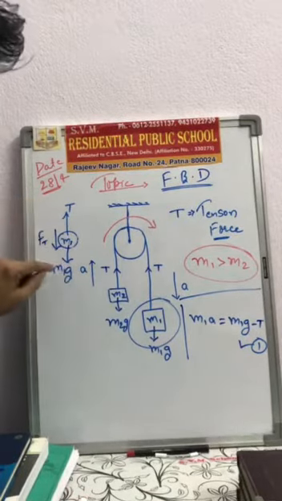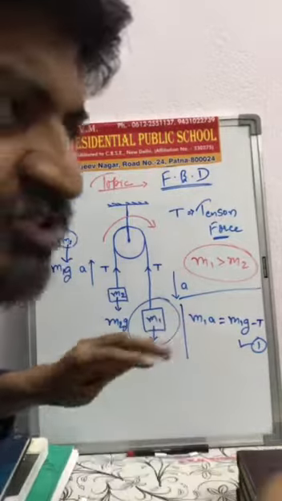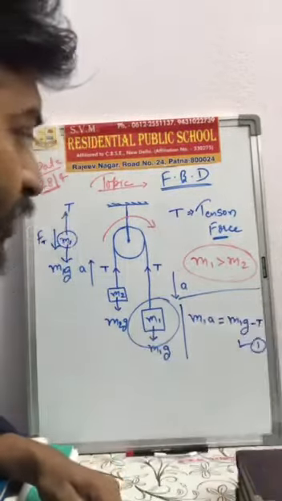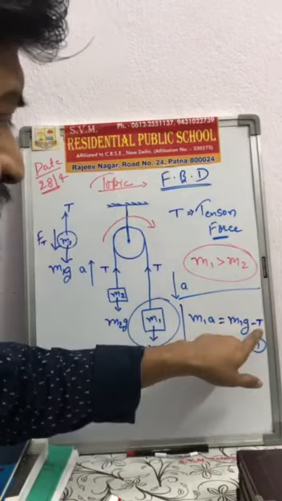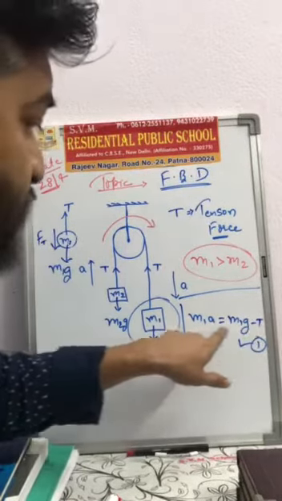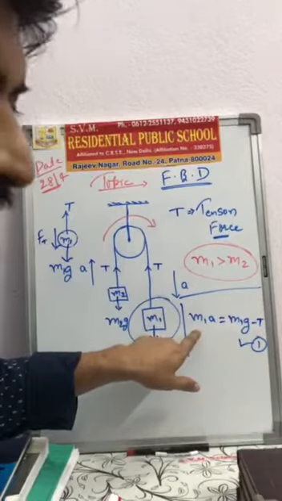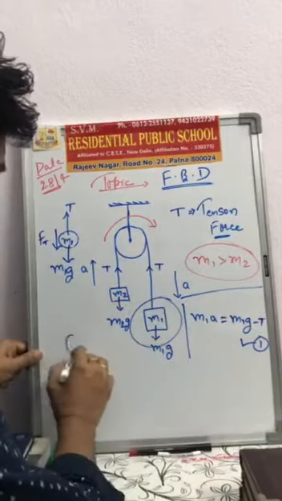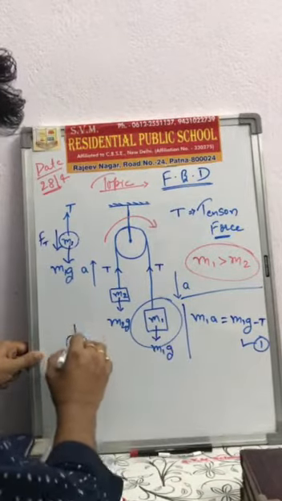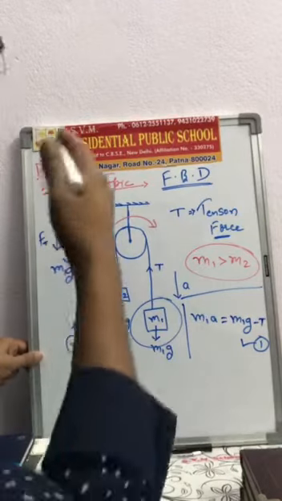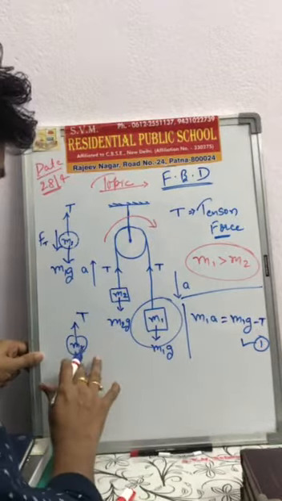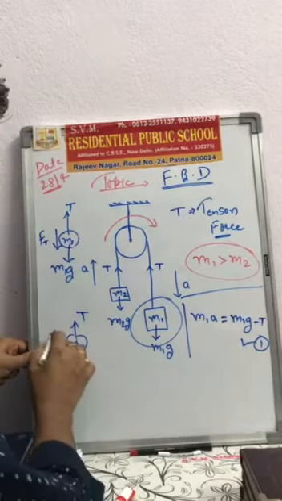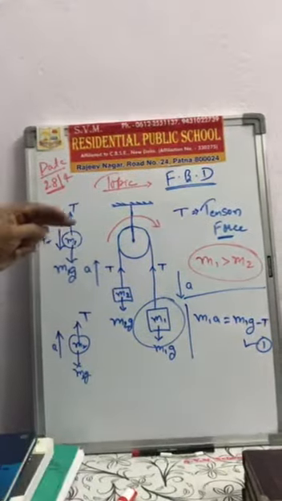This is the net force because M1 moves in the downward direction. So these forces are not balanced on that body, that system of bodies. M1G minus T is equal to M1A, the first equation. Similarly, if we talk about M2, the tension force is applied in the upward direction and M2G in the downward direction. Due to this, it moves with acceleration A in the upward direction.